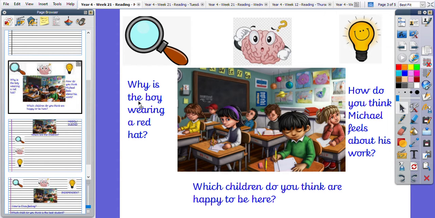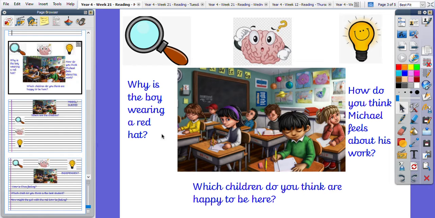Okay, so why is the boy wearing a red hat? Up in the corner here, let's have a think about the reasons why he could be wearing this hat. So he's at school, and we've decided that he's at school because we can see things around us that are clearly linked to school. We can see the alphabet, we can see a board, we can see children at desks.